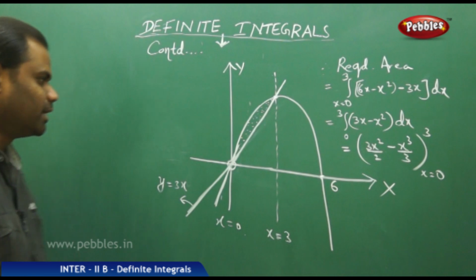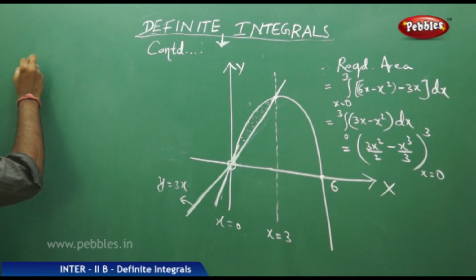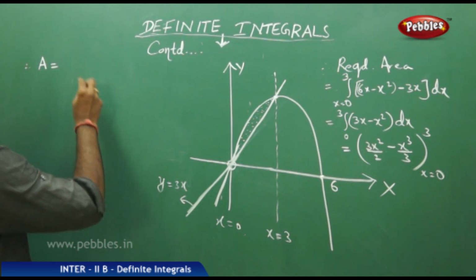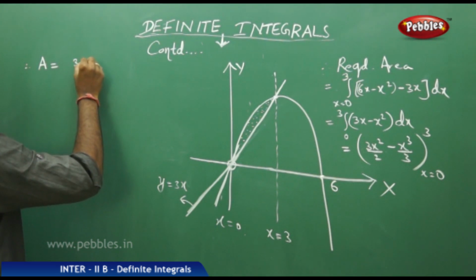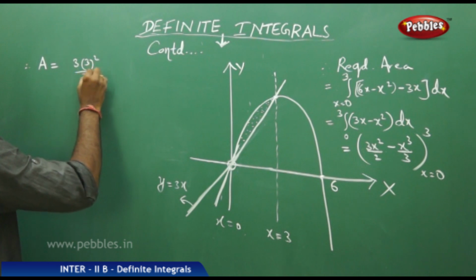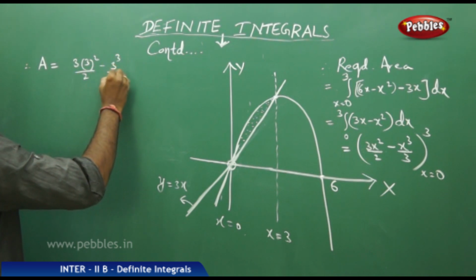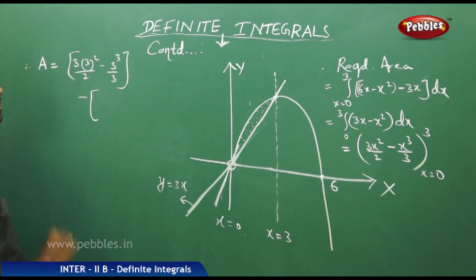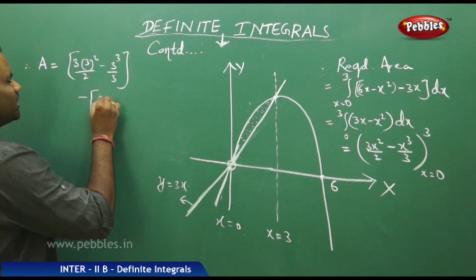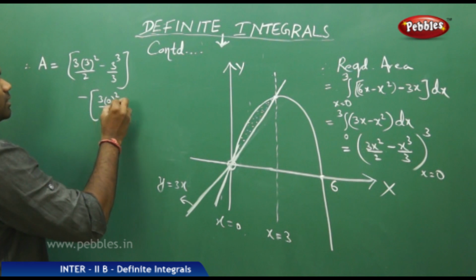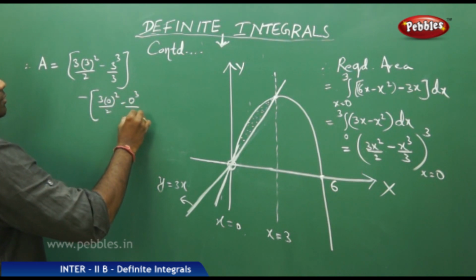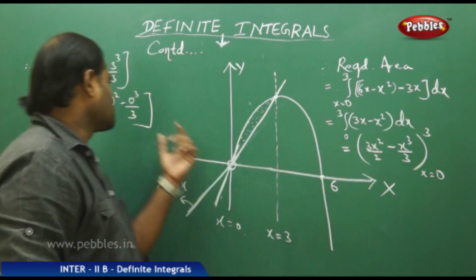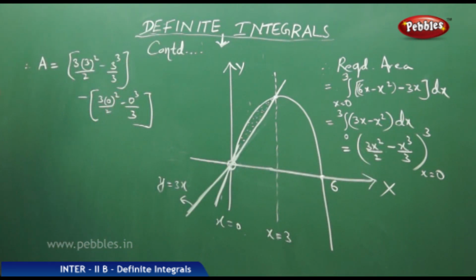So continuing from there, I find the required area to be 3 times 3 squared by 2 minus 3 cubed by 3 minus 0, 3 times 0 squared by 2 minus 0 cubed by 3, which is how we get it with the upper limit substituted minus the lower limit substituted in the function.